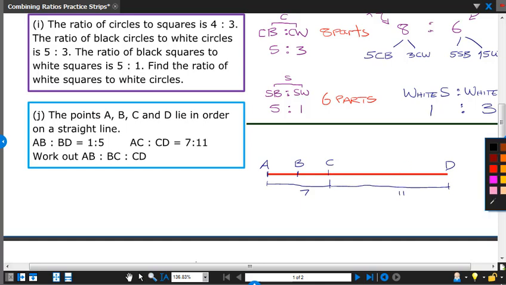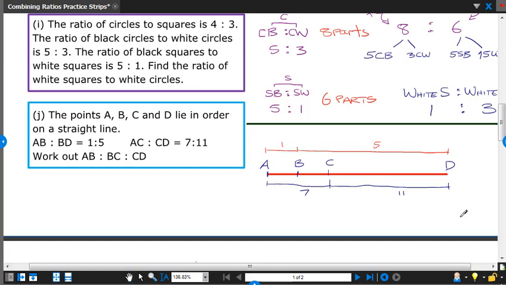But we're also told that this ratio here is 1, and here to here is 5, right? We're told that here. So work out AB, they want that distance, BC, so they want that ratio. So the question is, how are we going to do that?